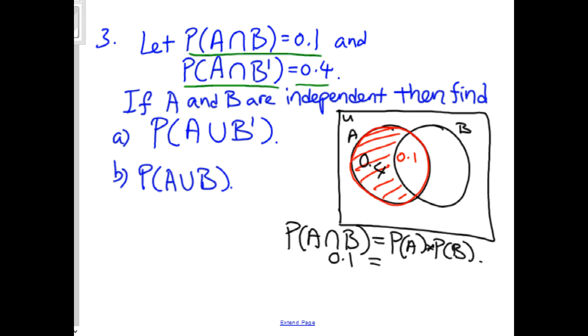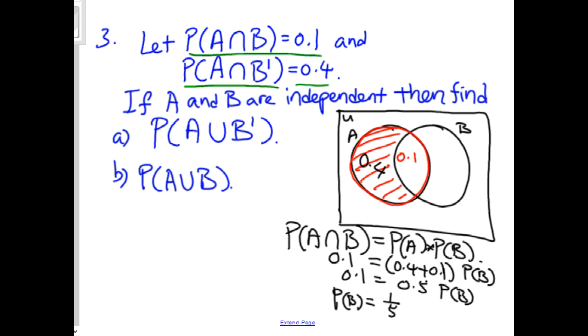Probability of A, from here you can see, is 0.4 plus 0.1, and I do not know what probability of B is at the moment. So this is 0.5 times probability of B, and here's 0.1. So probability of B, therefore, can be calculated: 0.1 over 0.5, 1/5, which is 0.2.